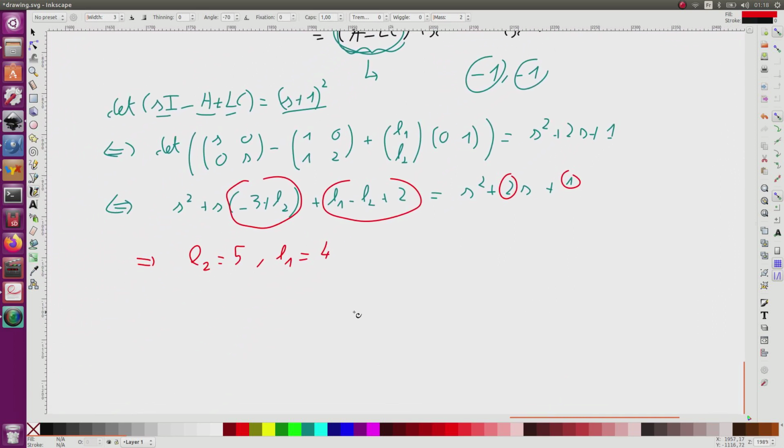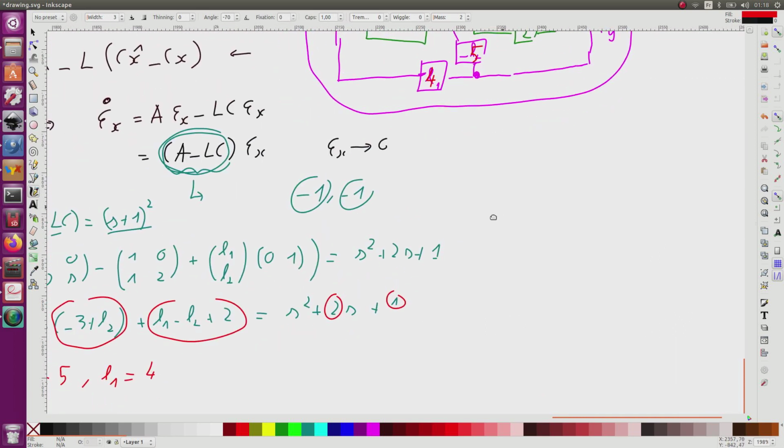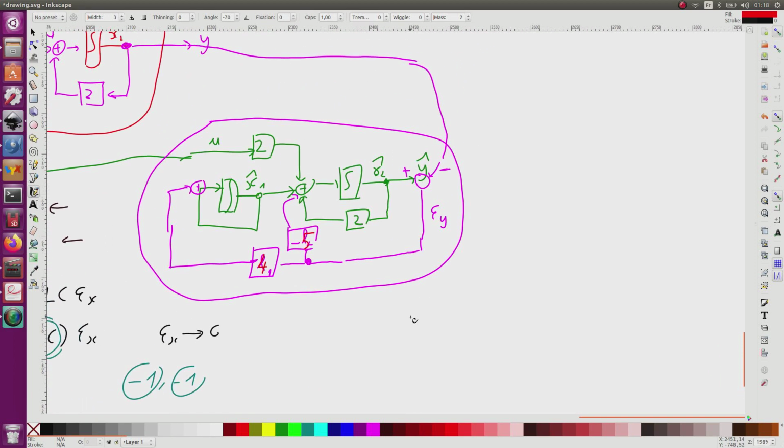Now, in the question, I have to find the state equation of the observer, just to build it, for instance. The inputs of this system are y and u, and the output of this system is the state I want, so it will be x hat 1, x hat 2.